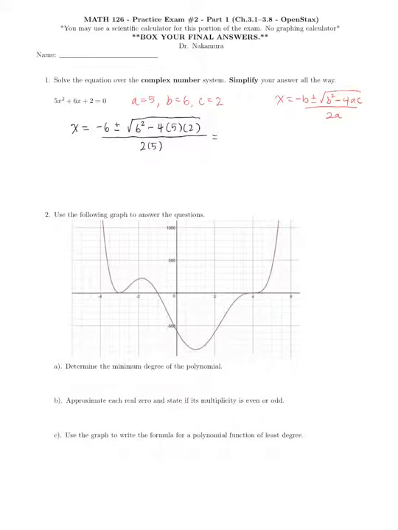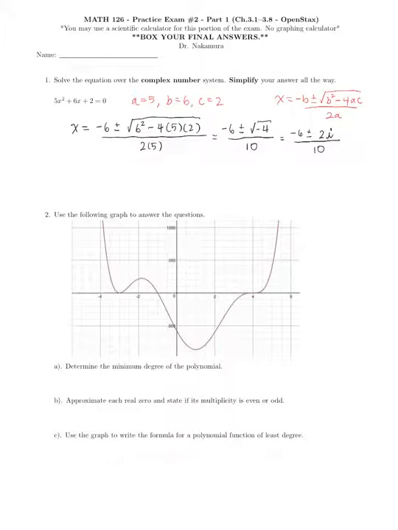This is going to equal negative 6 plus or minus the square root of negative 4, whole thing over 10. Now, the square root of negative 4 is the square root of negative 1 times the square root of 4. Remember, the square root of negative 1 is i. So here we get negative 6 plus or minus 2i, whole thing over 10.